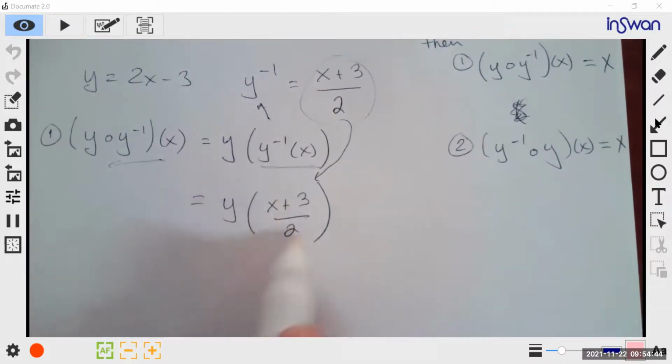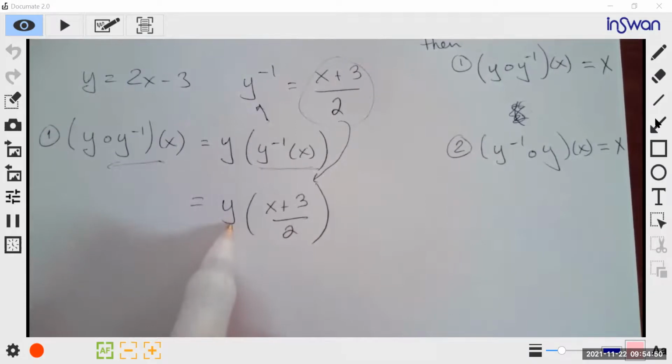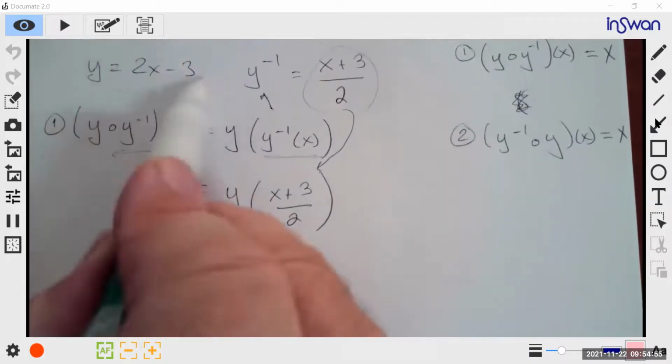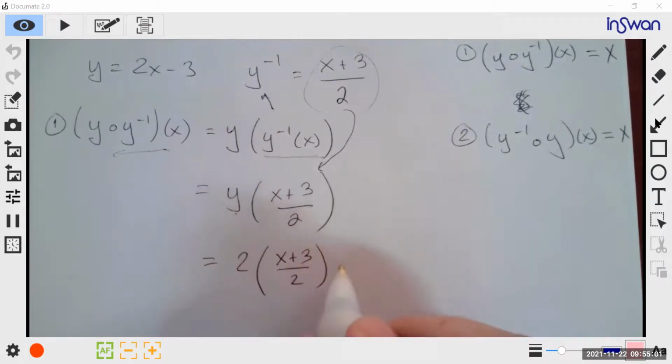Now, this x plus 3 over 2 is inside of parentheses, so it belongs to the x values of the y. And y is 2x minus 3, so it's 2 times that, minus 3.